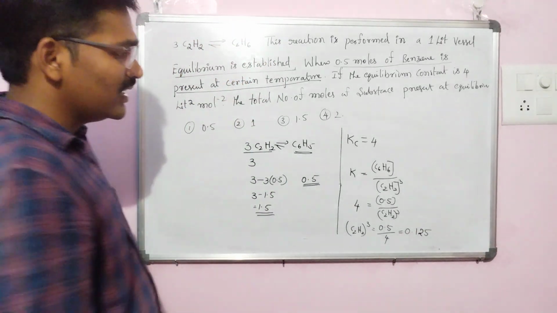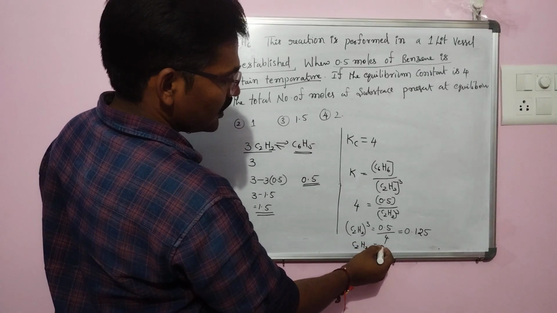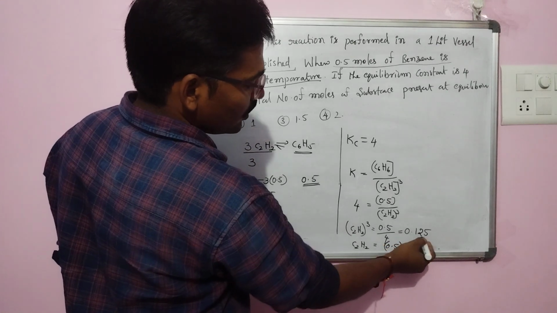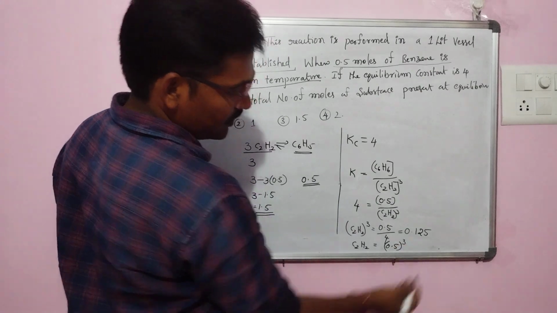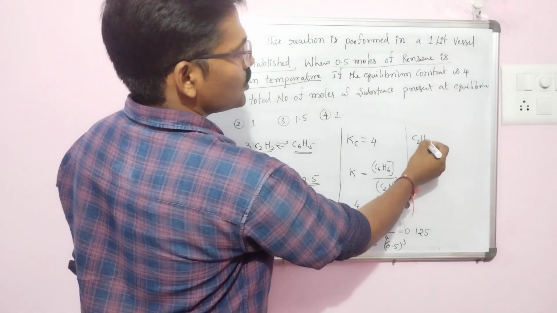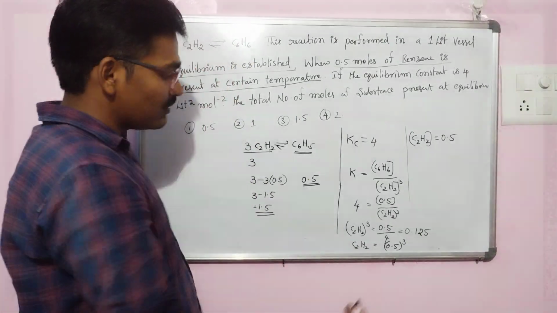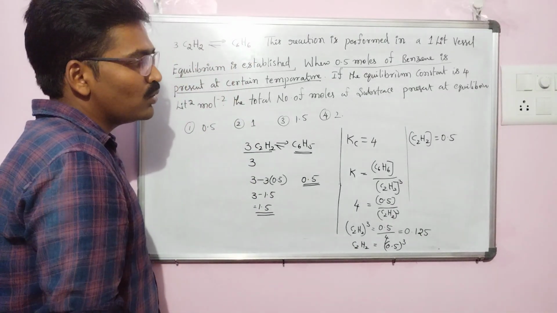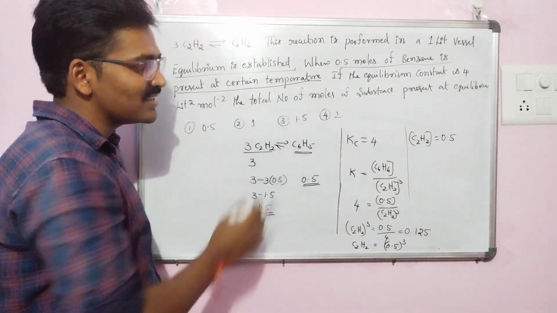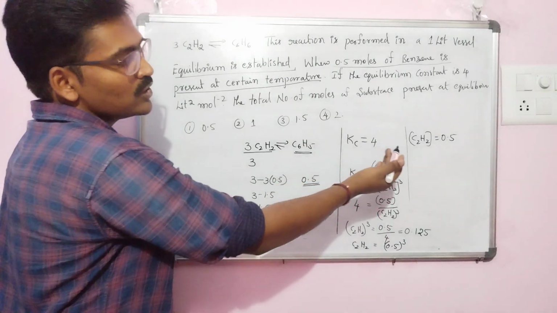0.125. So C2H2 equals, from that side, 0.5 whole cube. Finally, C2H2 concentration is 0.5. So at equilibrium both concentrations are the same, and the actual concentration is not the earlier figure: for 3 moles it is 1.5, but actually for 1 liter it is 0.5.